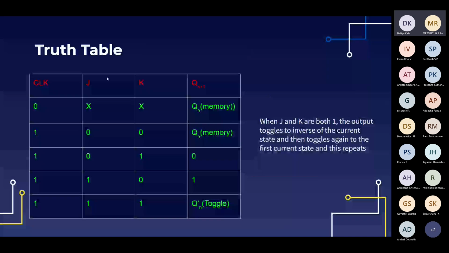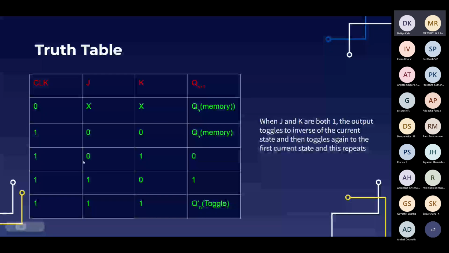Let's see the truth table of JK flip-flop. When the clock is 0, whatever the value of J and K, the next state will be equal to memory, the previous state. When the clock is 1, if J and K are 0 and 0, the next state will be Q(t), the previous state or memory.